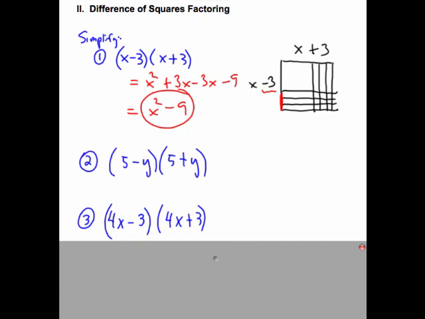Okay, for the first expression I've just drawn a picture to visualize what's going on. We have x plus 3 along here. Both x and 3 are positive. Along the side we have positive x and negative 3, so I've got the negatives in red. And then when I go positive times positive, I'm going to get x squared here.